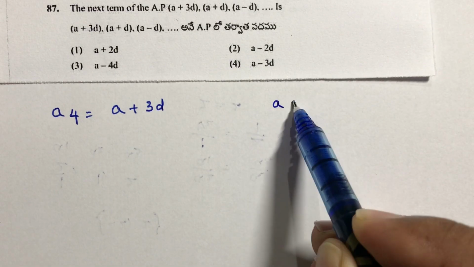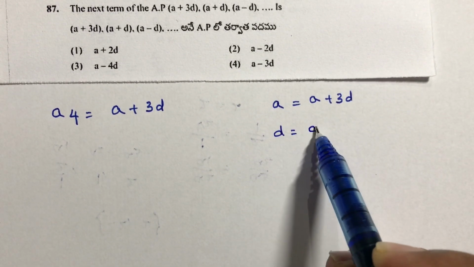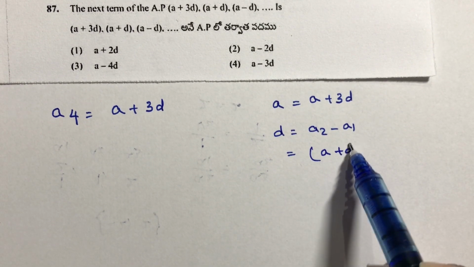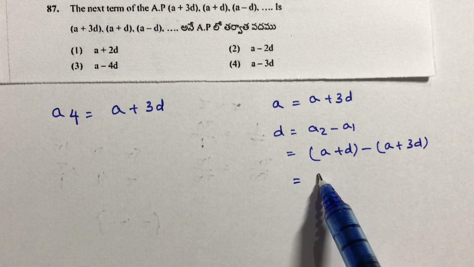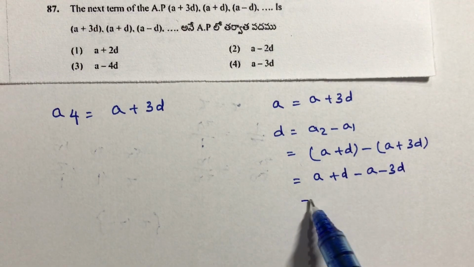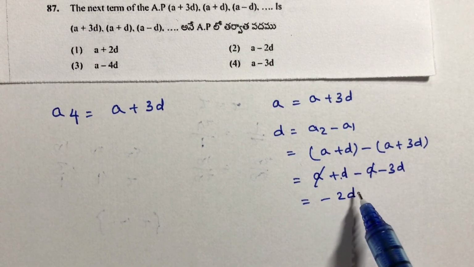So here in this problem, the first term is A plus 3D and the common difference, A2 minus A1, if you do: A2 is A plus D, minus A1 which is A plus 3D. So A plus D minus A minus 3D. So A and A will get cancelled. D minus 3D is minus 2D.